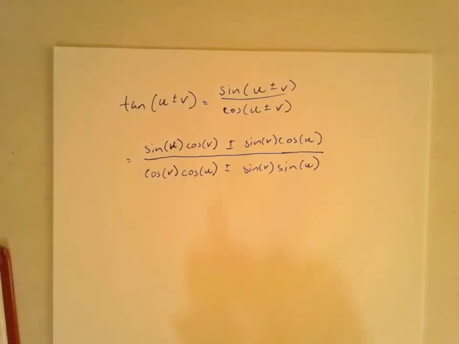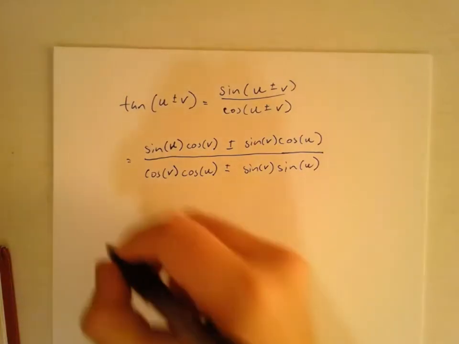And what I can do from there is divide everything by cosine u cosine v.